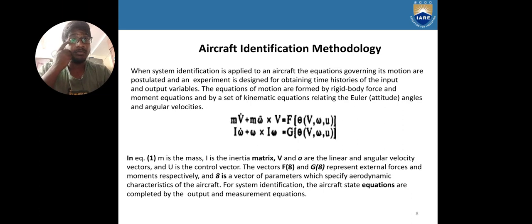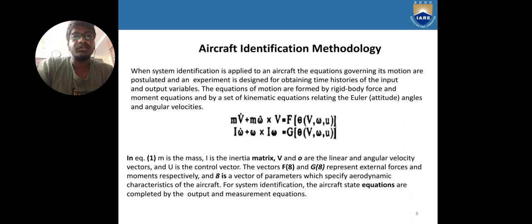m v dot plus m omega cross v is equal to f of theta, v, omega and u, and I omega dot plus omega cross I omega is equal to g of theta, v, omega and u.